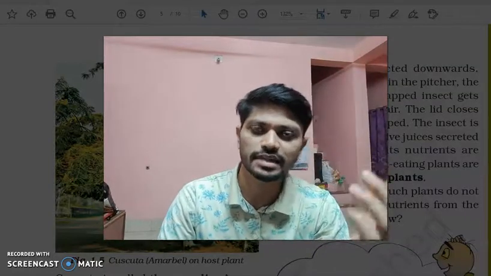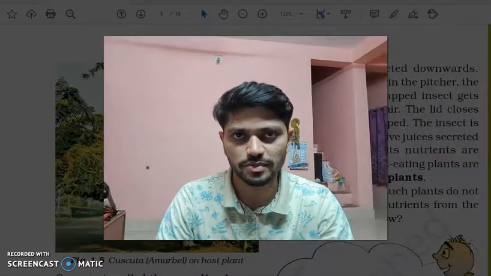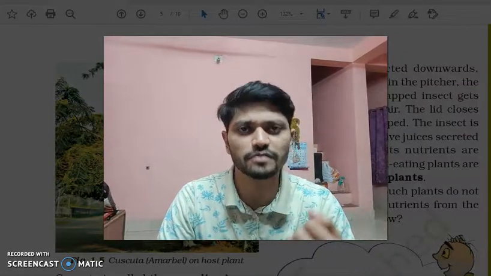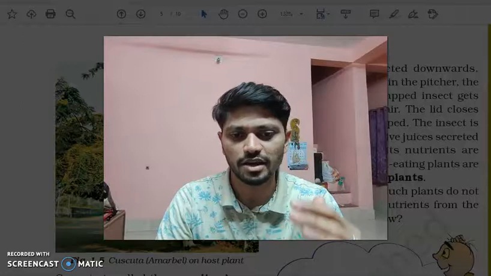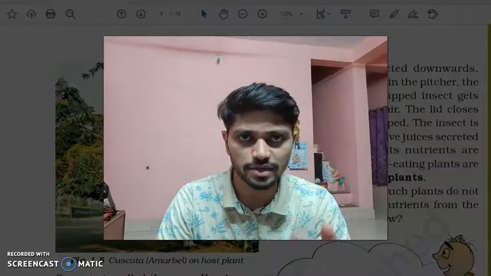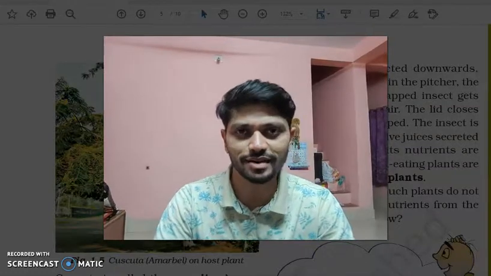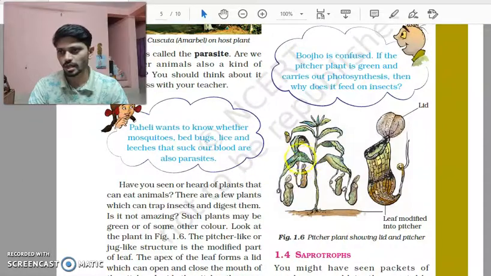As and when an insect lies within this jar, the leaf gets closed, and there are certain digestive juices within a part of these leaves, and ultimately the nutrients are obtained from the dead insect. So we can say these are insect eating plants or insectivorous plants. So this is the example of a pitcher plant.